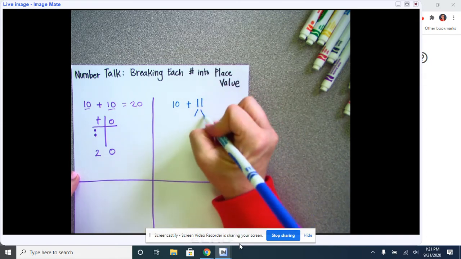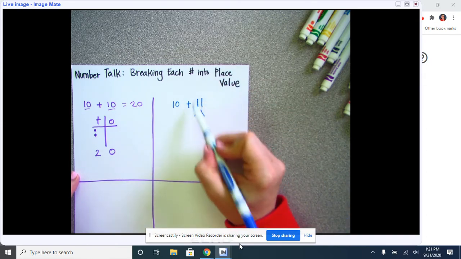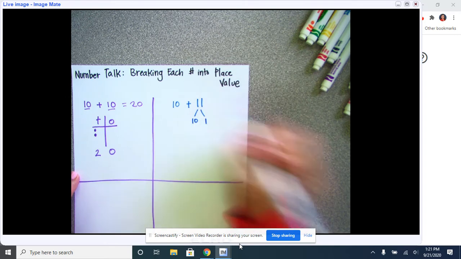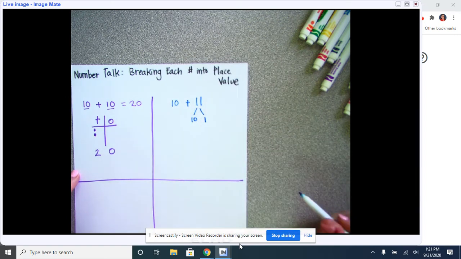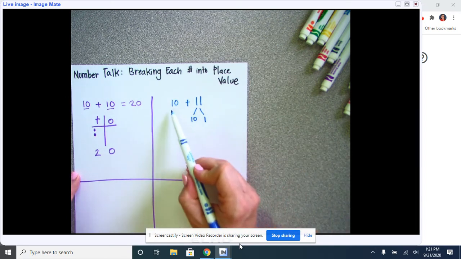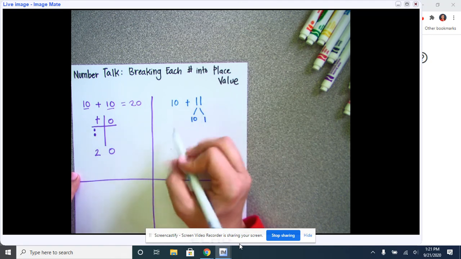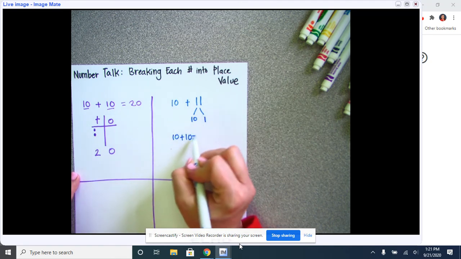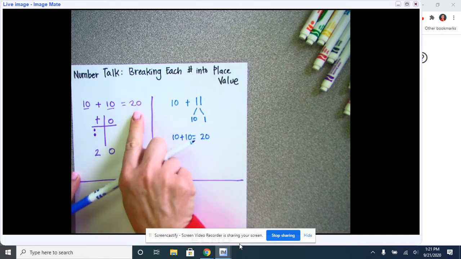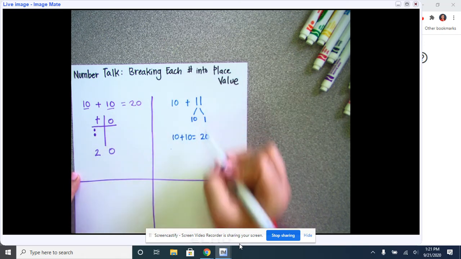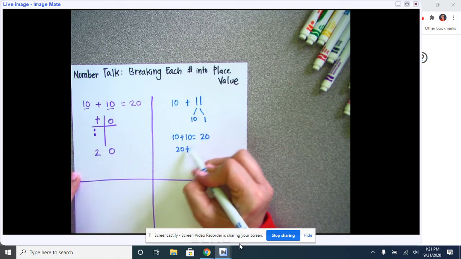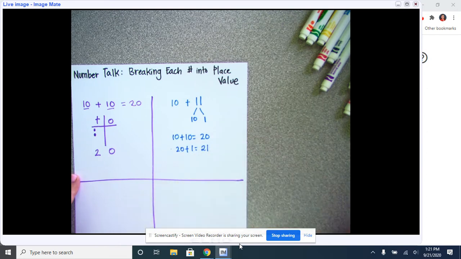The way that you do that is you break the 11 into 10 and 1. And then it's kind of easy to add 10 plus 10. So 10 plus 10 is 20, which we already learned over here. And then I just have to add that one more. 20 plus 1 is 21.